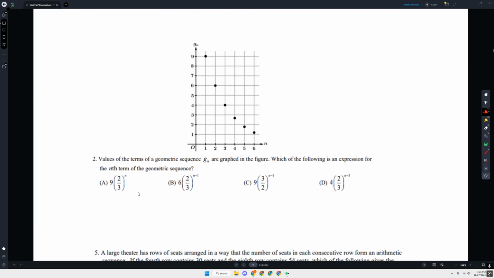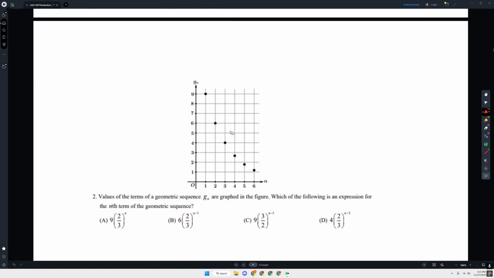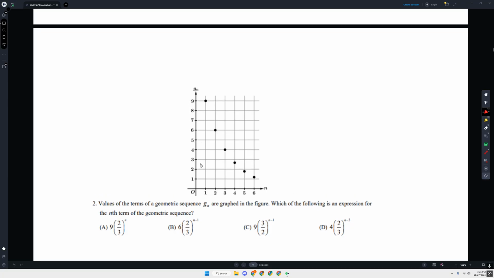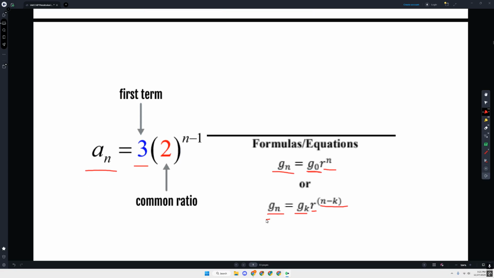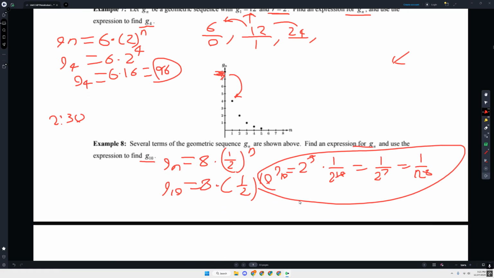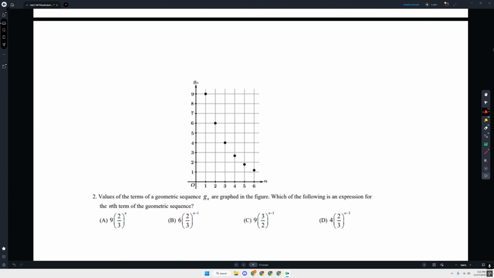And now we have a few application-based questions. This is similar, but also a bit different. Now we're going to be using this equation: g_n is equal to g_k times r to the power of n minus k. I think someone had asked about this.